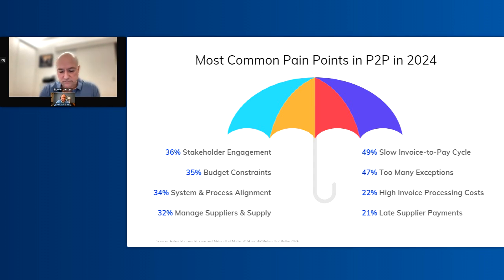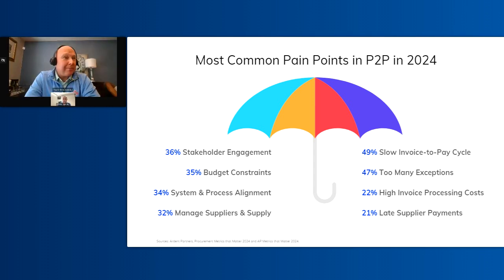It's funny because when I looked at these stats, Rowan, it occurred to me when I look at the AP numbers, slow invoice cycles, too many exceptions, and late supplier payments, they really are all the same thing. What I hear from AP leaders these days is that it's harder and harder to get approvals on invoices now that we're all working remotely at least part of the time.